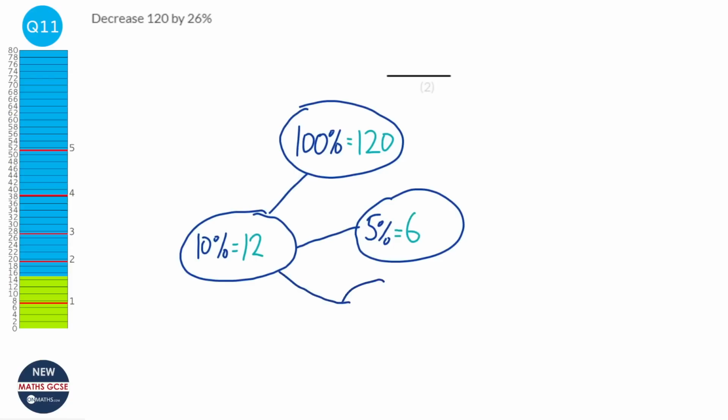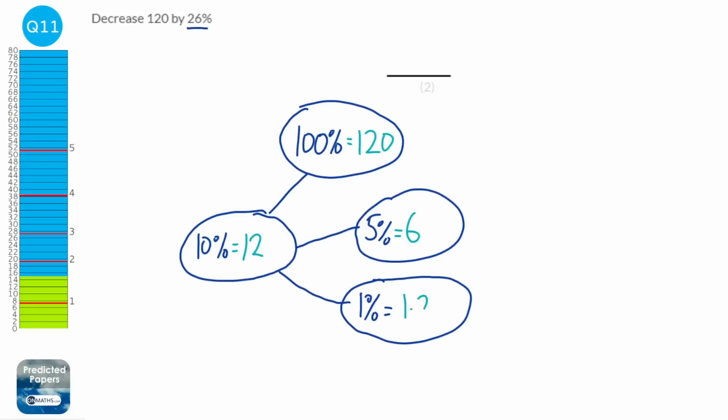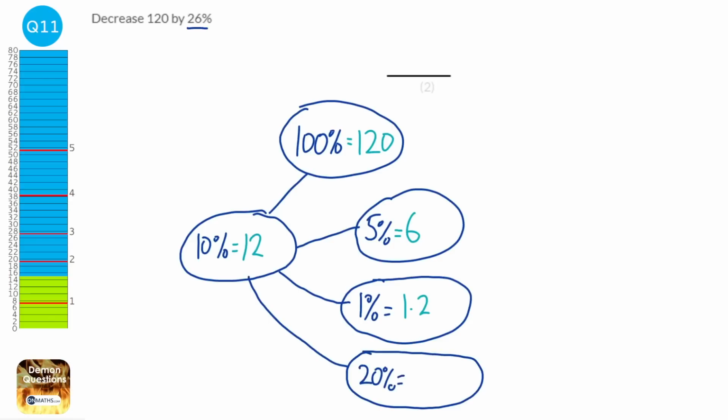We could do with 1% as well. And we're trying to get to 26%, so we'll do 1%, so dividing the 10% by 10 again, 1.2. And we could do with 20%, and 20% just means we're going to double the 10%. So double 12 will be 24.